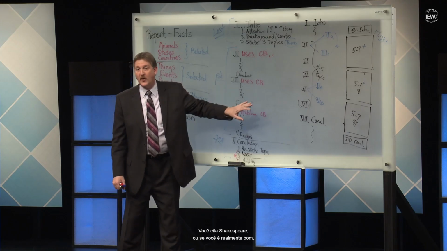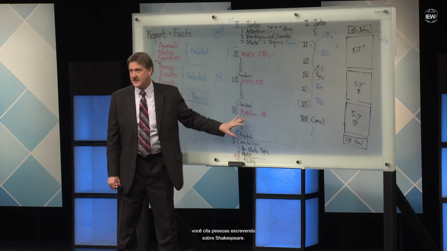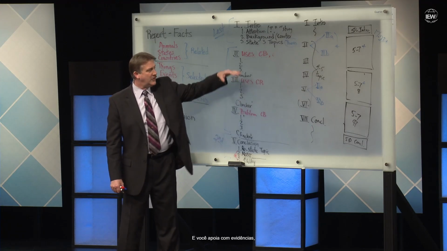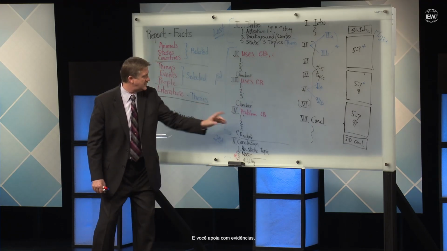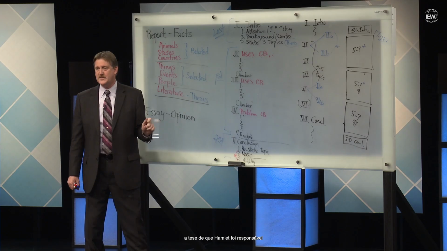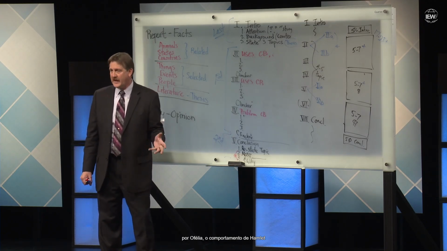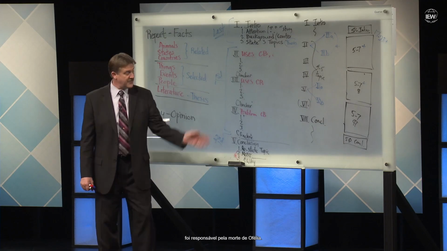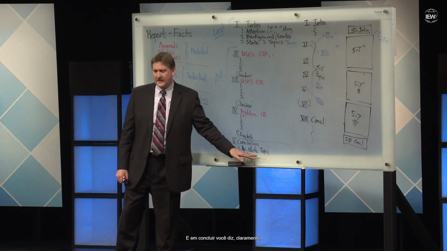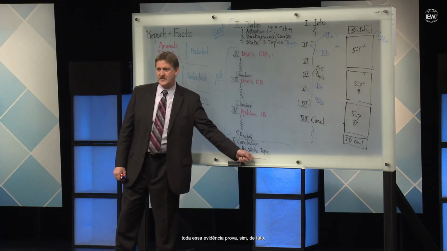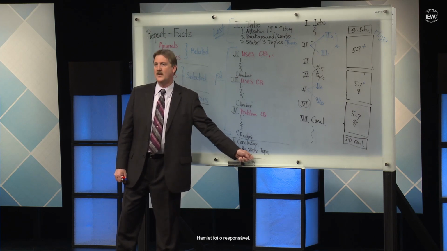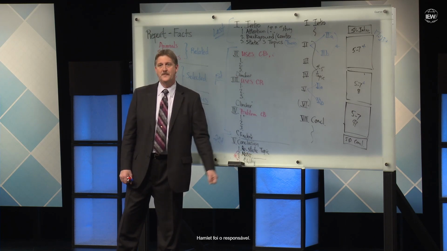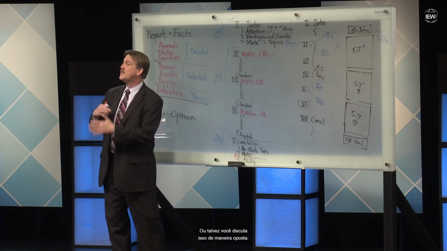You quote Shakespeare, or if you're really good, you quote people writing about Shakespeare, right? And you support with evidence the thesis that Hamlet's behavior was responsible for Ophelia's death, and in conclusion you say, clearly, all of this evidence proves, yes indeed, Hamlet was responsible. Or maybe you argue the opposite way.